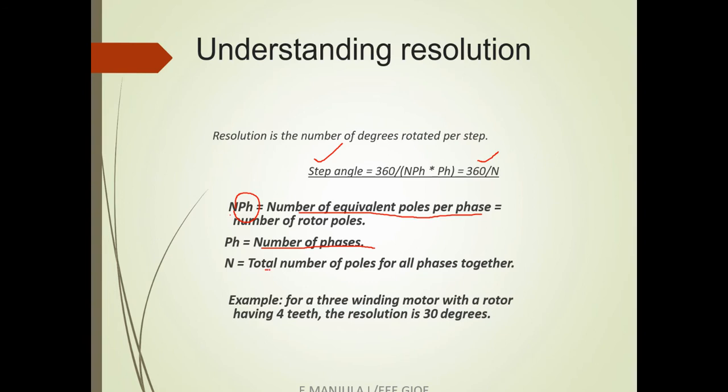So N is the total number of poles across all phases together. The step angle is equal to 360 divided by the total number of poles across all phases. That is also one of the formulas for getting the step angle.